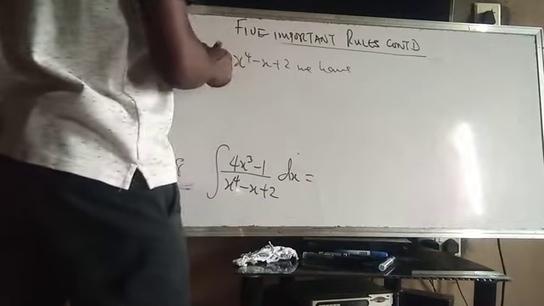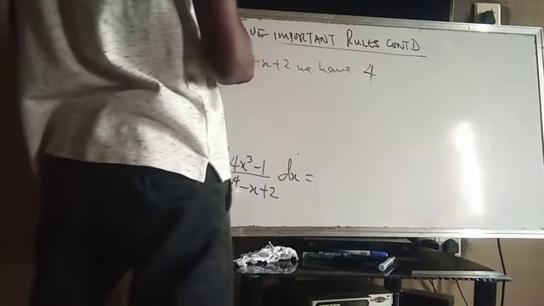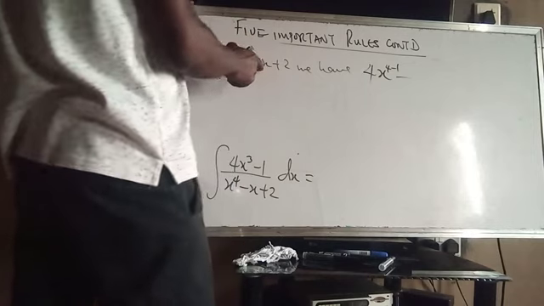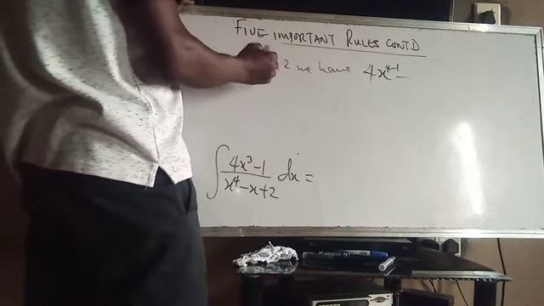We have 4 times 1, 4x raised to 4 minus 1, then minus, when we differentiate x, you know x has a raised power 1, 1 times 1, 1.